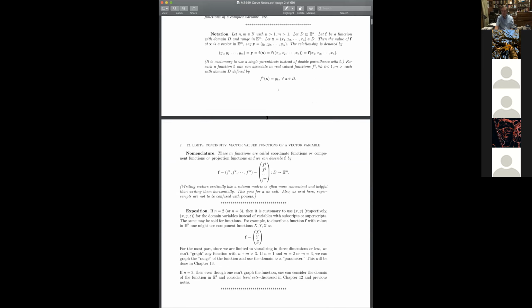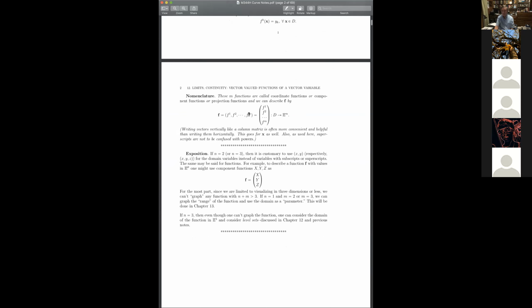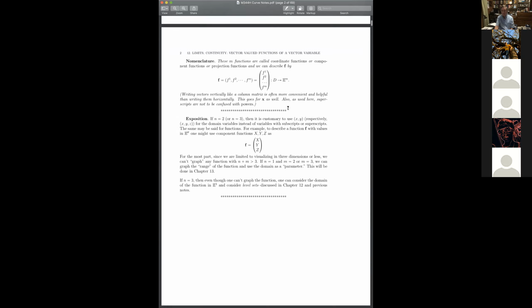In other words, we can break up this function into 7 other functions, each one of which is real valued.